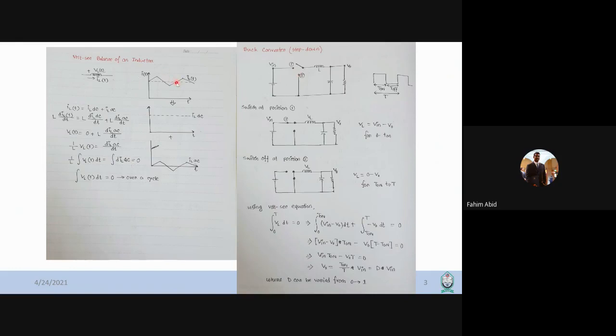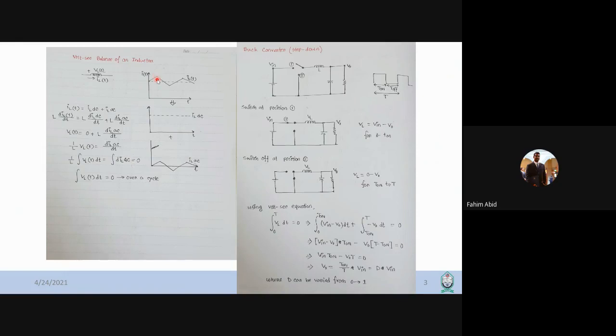When the voltage across the inductor is a step voltage, that means it's a fixed voltage, then the current will be, you know that L di/dt is equal to V_L. That means i is the integration of voltage.